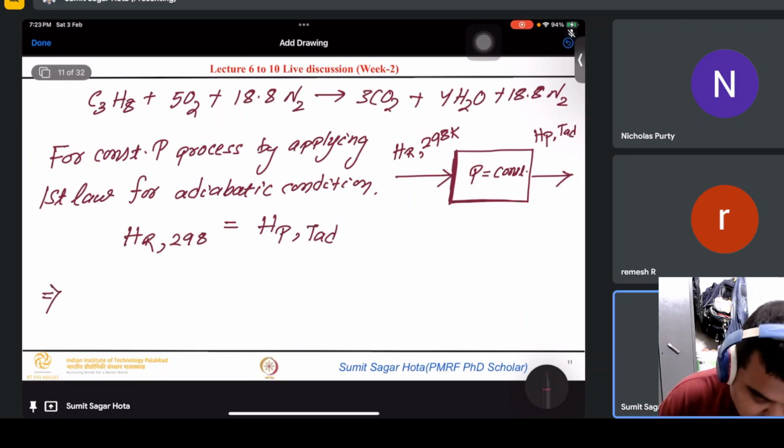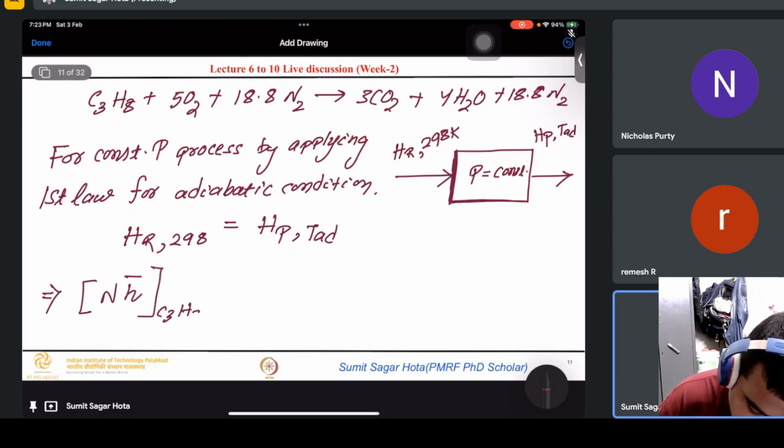Substitute all the reactants and substitute for the products. Here n is the number of moles. Just remember, always multiply the number of moles by the enthalpy. All these data will be taken from the appendix in this textbook.